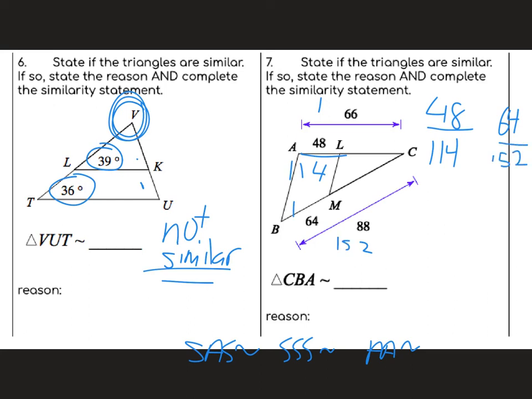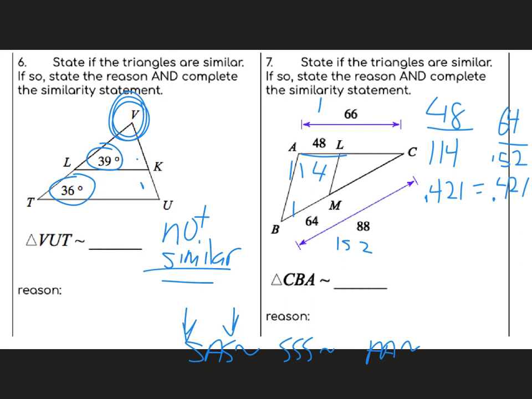And let's see if those are proportional. Let's do that first. I was processing my next step, but I want to check this. So 48 over 114 is 0.421, etc. And then 64 over 152, oh, is that same number, so 0.421, etc. So those work. So I've got a side and a side.